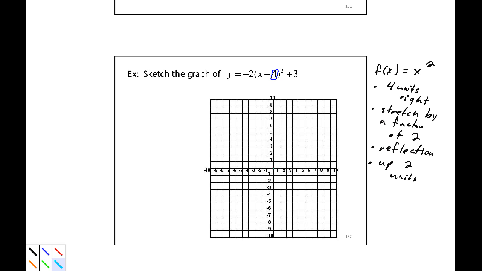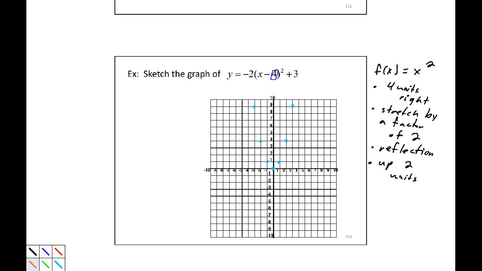So first we have the points 0, 0, 1, 1, 2, 4, 3, 9, and it is an even function, so we have a reflection about the y-axis. I'm not going to connect these because I am going to apply several transformations. So I'm going to shift this 4 to the right. Let's use an orange.